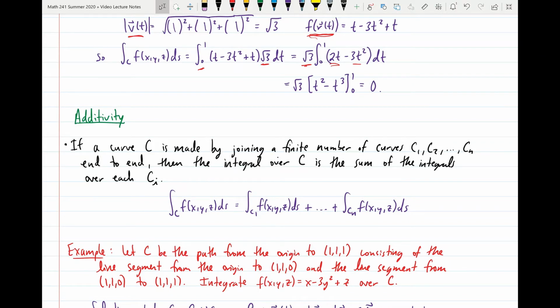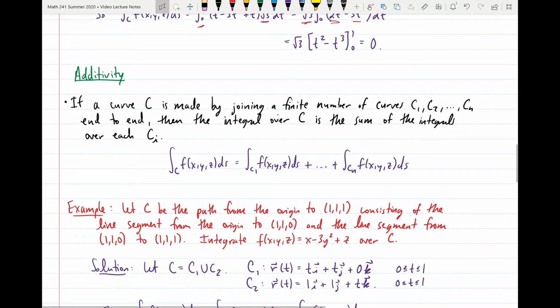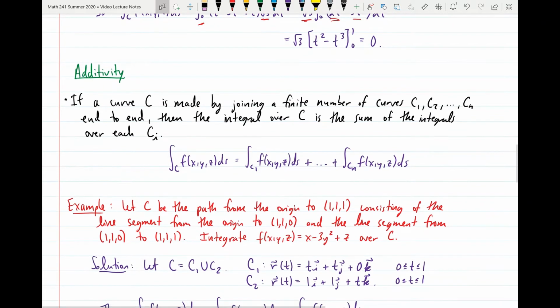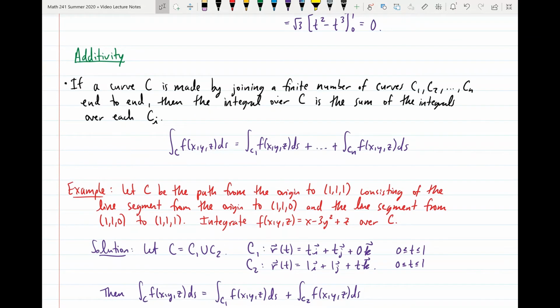So now we can move on to another little bit of a fun fact here. It's the additivity of the line integral. If we have a curve C that's made up by joining a bunch of smaller curves together end to end, then the integral over the whole curve C is going to equal the sum of the integrals over each of the smaller curves that compose C, which I called C sub i.